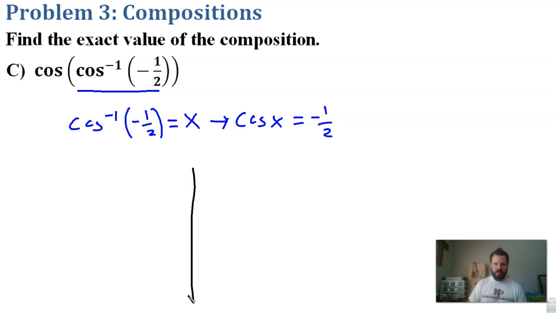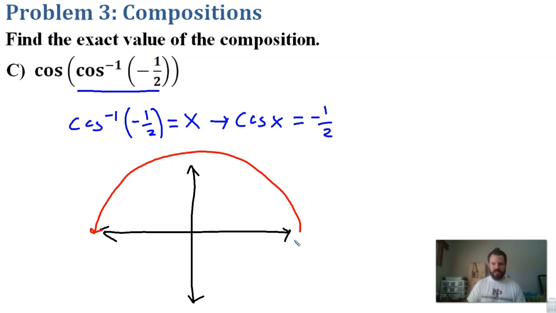To do that, we'll go to our angles in standard position. I know the cosine inverse is restricted to the top part of the coordinate system, between 0 and pi. And if I want this to be negative, I know I'm going to have to be in the second quadrant because everything's positive in the first. So here's the x I'm talking about.